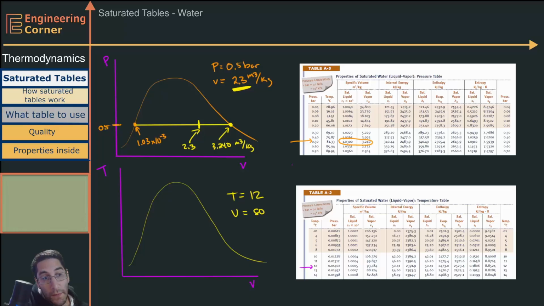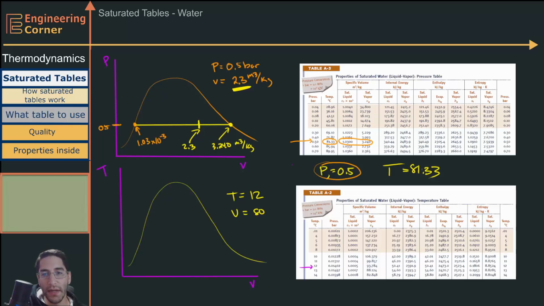The other thing that could be given is a pressure value and a temperature value. Let's say at a pressure of 0.5 bar, my temperature is 81.33. Well, at 0.5 bar, we need to figure out this value right here.